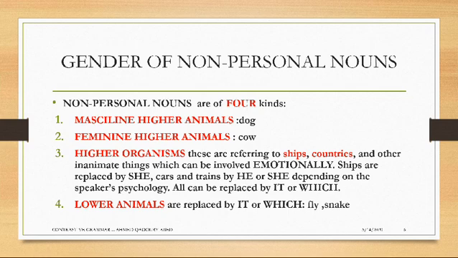So they are going to be classified into masculine higher animals or feminine higher animals like cow. Number three, higher organisms. These refer to ships and countries and other inanimate things, which can be treated emotionally. Ships are replaced by she.